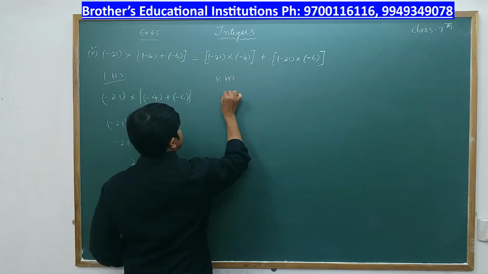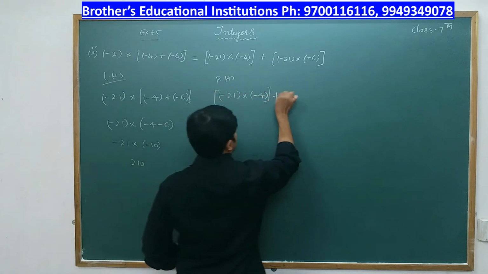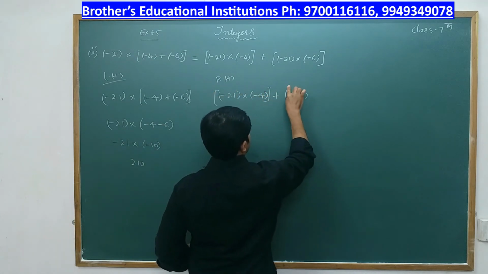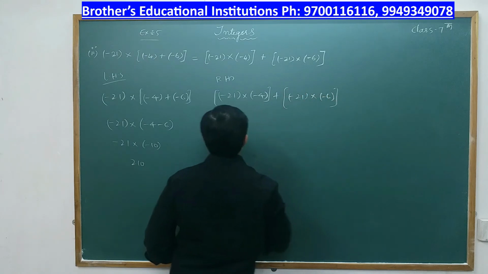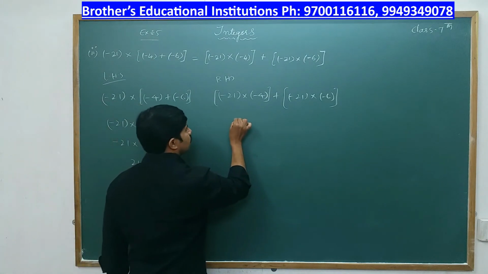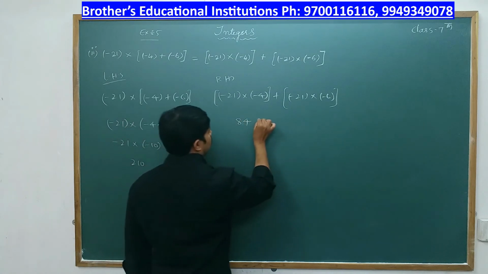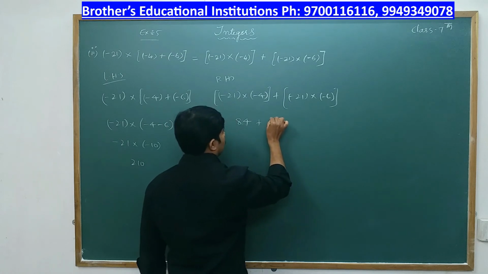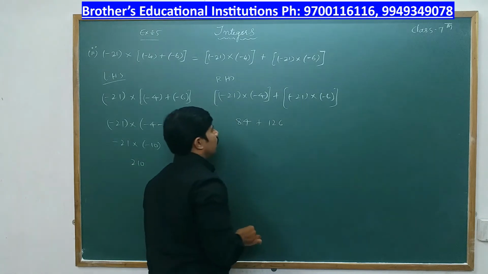RHS: minus 21 into minus 4 plus of minus 21 into minus 6. So we will multiply, minus into minus is plus, 21 into 4 is 84, okay, plus of 21 into 6, 6 ones are 6, 6 twos are 12, 126.